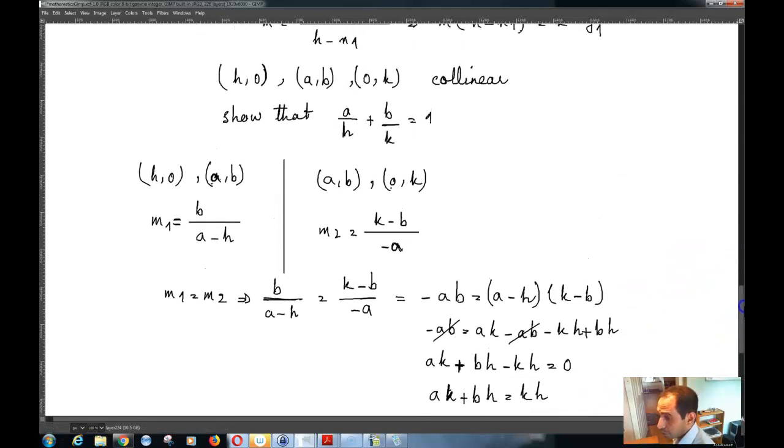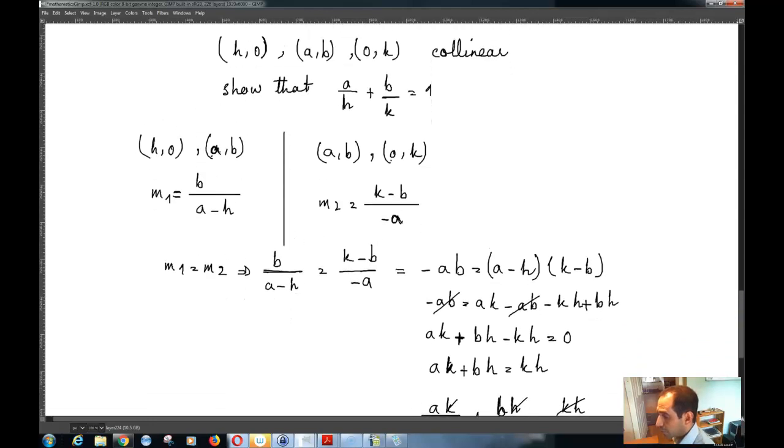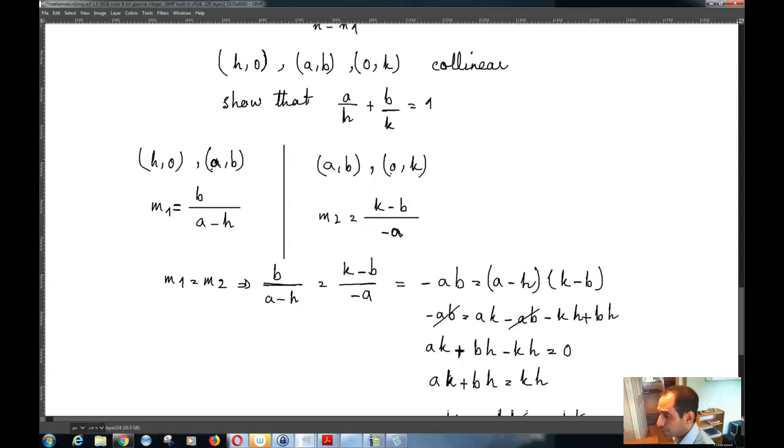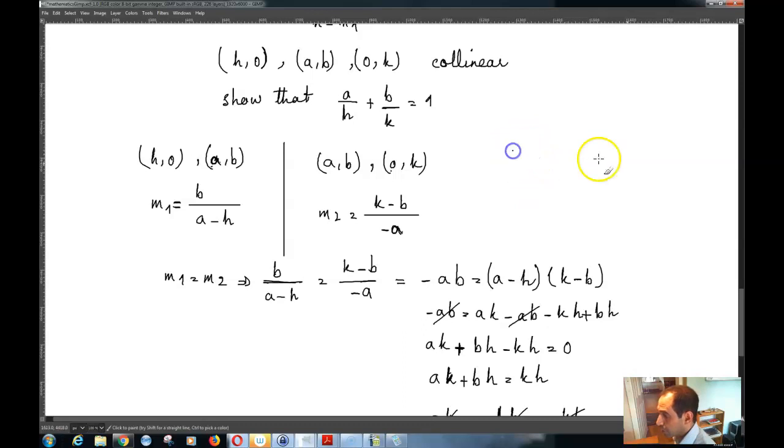And what that actually means is that, suppose that you have a line over here, the y-intercept of that line is 0.